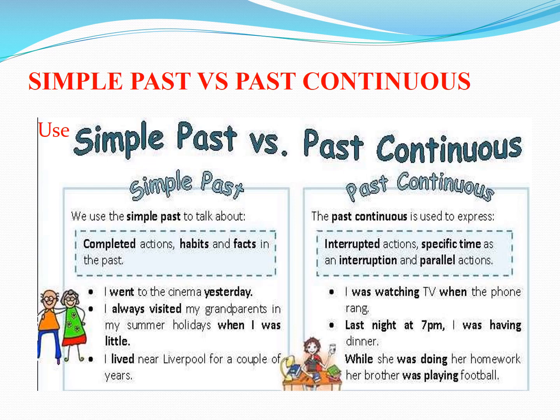What about uses of the past continuous? The past continuous is used to express an interrupted action, an action at a specific time, and a parallel action. For example, I was watching TV when the phone rang.